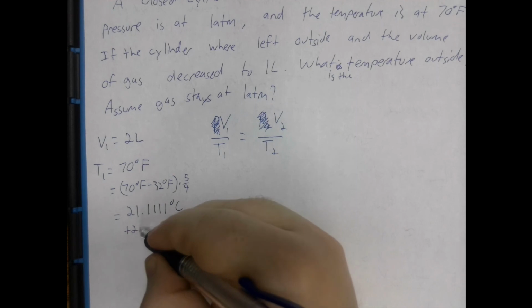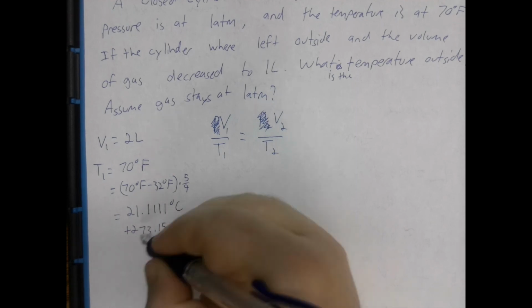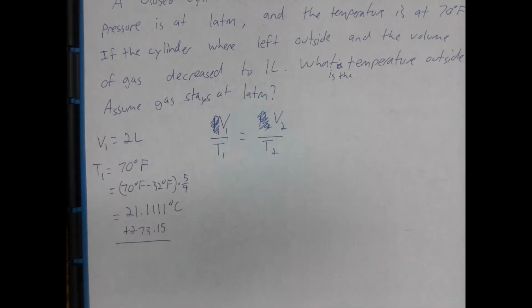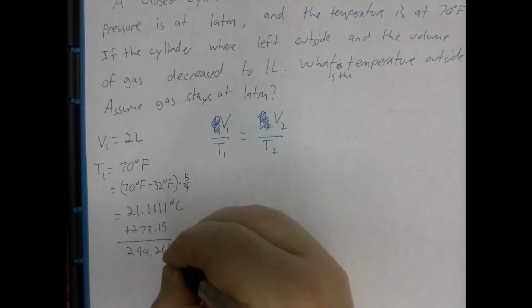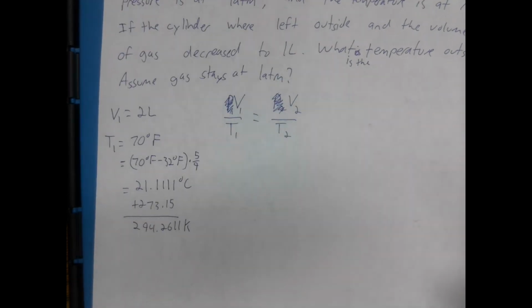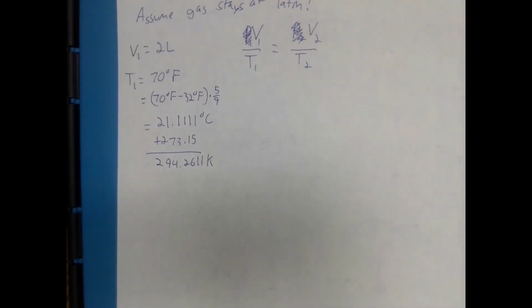Then we add 273.15, and that gives us 294.2611 Kelvin. So we use temperature in Kelvin.